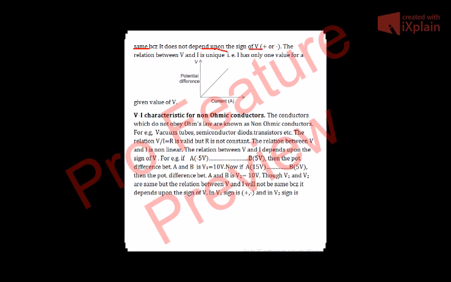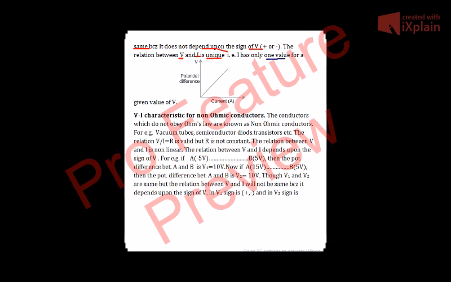The relation between V and I is unique. What does it mean? Unique means I has only one value for a given value of V. I cannot have more than one value for a given value of V. Suppose the potential difference is 2 volt and the current is 1 ampere. If the potential difference is again 2 volt, current cannot have another value.